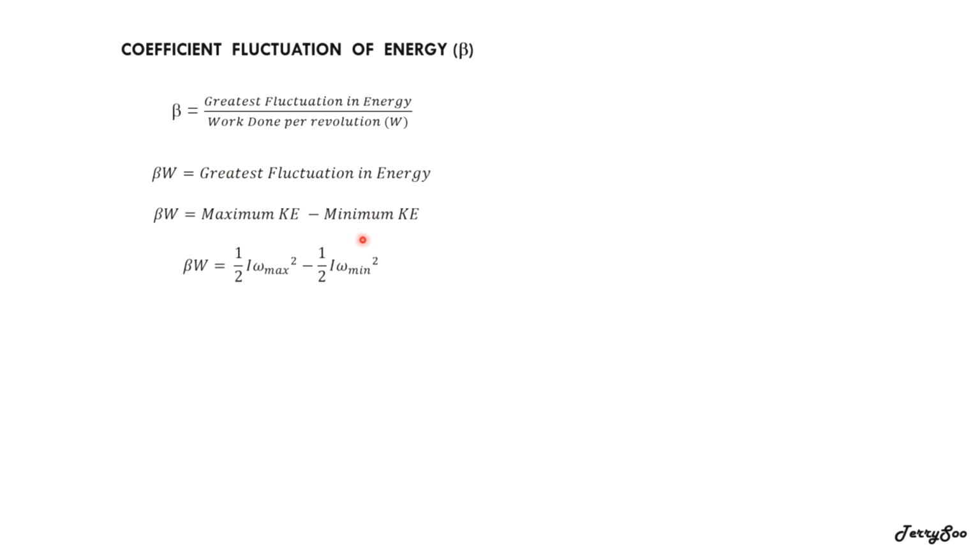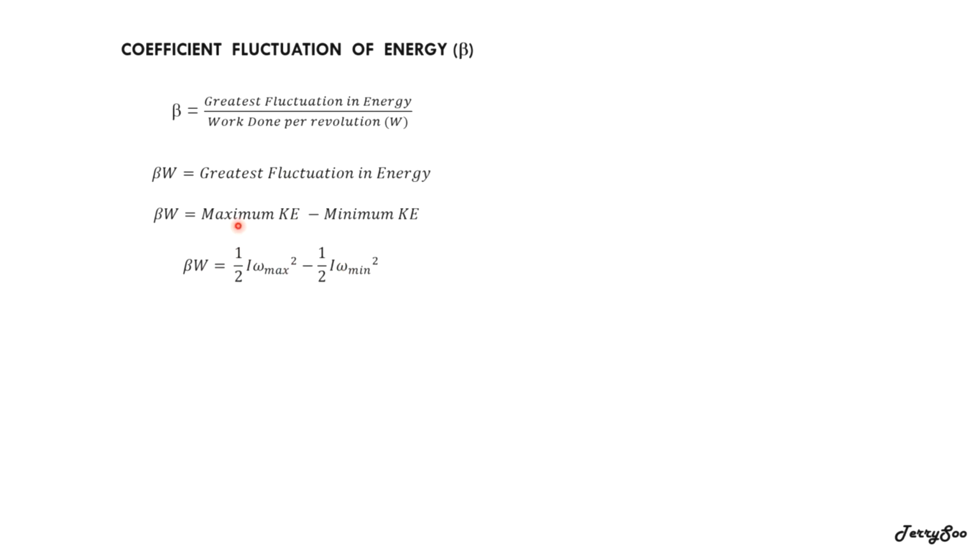This is defined as the greatest fluctuation of energy which we have just now, that is maximum kinetic energy minus minimum kinetic energy, divided by work done per revolution, that is W. In other words, when you move your W towards the left, you will have the product beta W, which also represents the greatest fluctuation in energy. Since we know that beta W is equal to maximum minus minimum, that is the greatest fluctuation of energy.